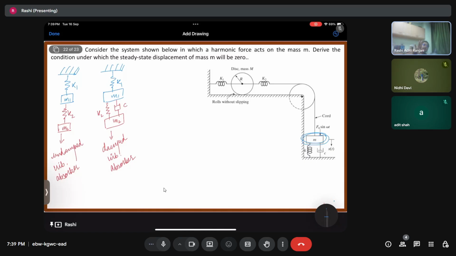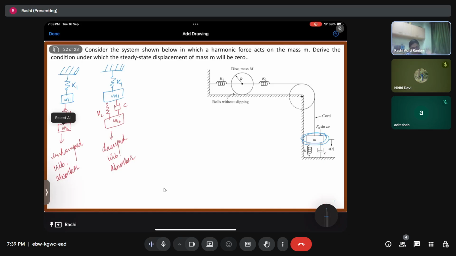But now there is a spring K2, which is going to cause some deformation in between them, so capital M and small m are going to have a relative difference between their respective displacements. So we need to find the equations of motion, which are going to be two equations, and relating to that, we'll find the condition required for the displacement of m to be zero.